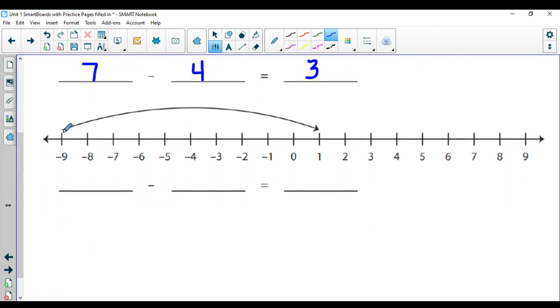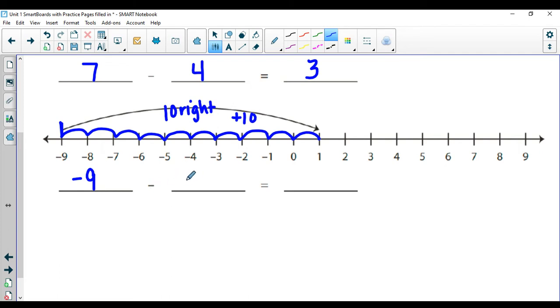Next example, the starting spot is over here at negative 9, and we're moving 1, 2, 3, 4, 5, 6, 7, 8, 9, 10 to the right. But here's where things get a little yucky. That would have been a plus 10. But I have a minus sign here.